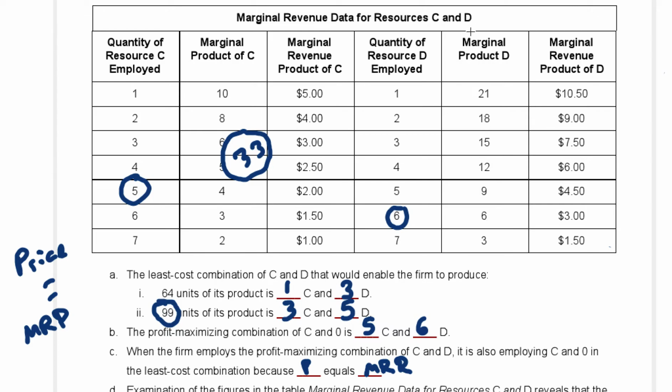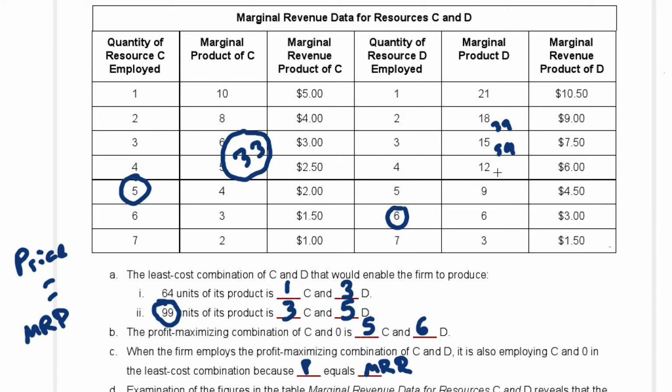So these numbers are getting bigger. 21 plus 18 is 39. Plus 15 is 49. Plus 5 is 54. Plus 12 is 66. Plus 9 is 75. Plus 6, 75. Oh, wait. Hold on. 21 plus 18 is 39. Plus 15 is 54.